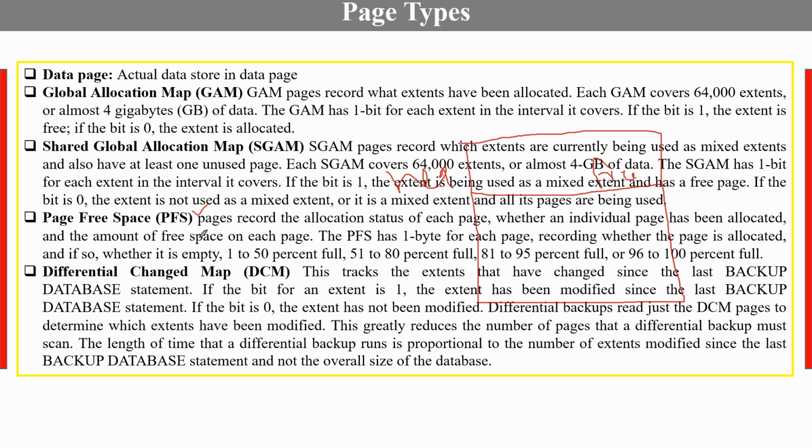So PFS is going to track all the data pages' free space information. SGAM stores extents' free space information. Don't get confused: it stores extents' free space, while PFS stores page free space information, only for data pages.